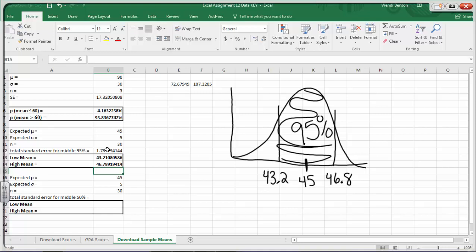Now I want you to note that the probabilities presented in the empirical rule from the lecture are not exact. They're simplified. Because technically, if we were looking at what you saw in the lecture with a z-score of -2 and +2, technically this is 2.28%, and this is 2.28%.